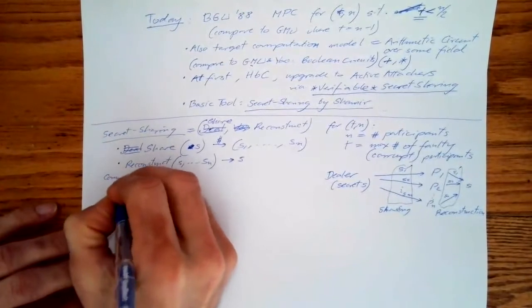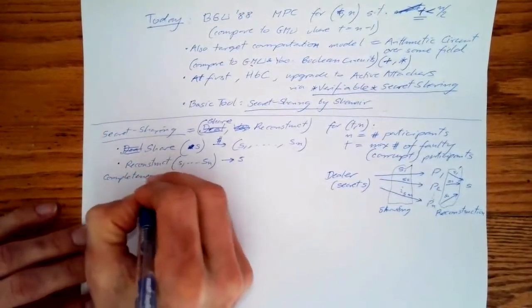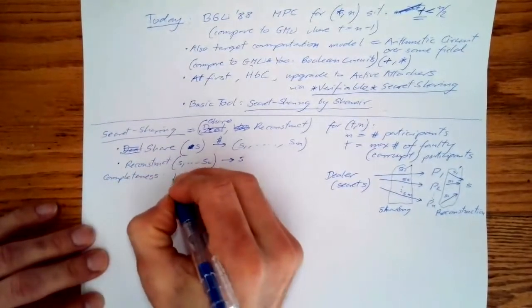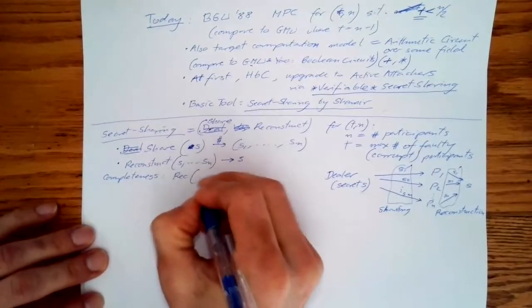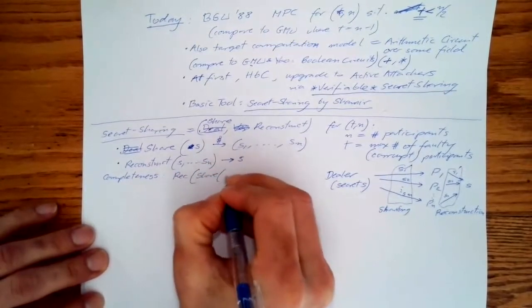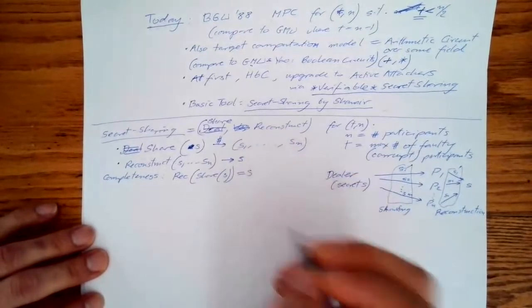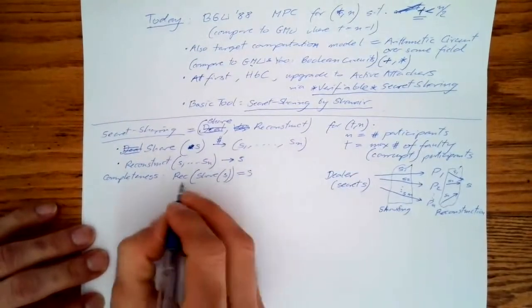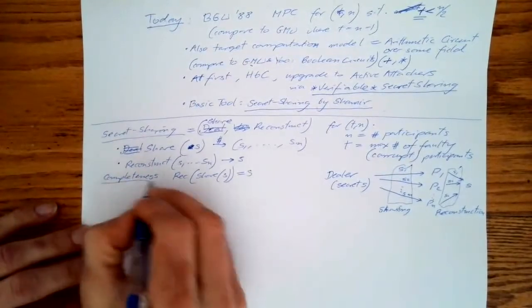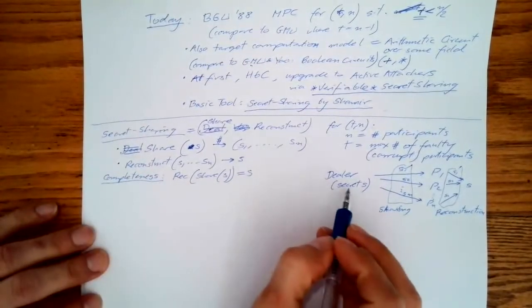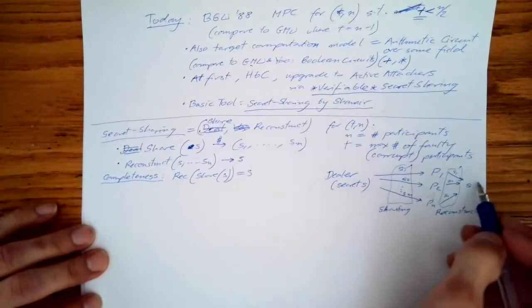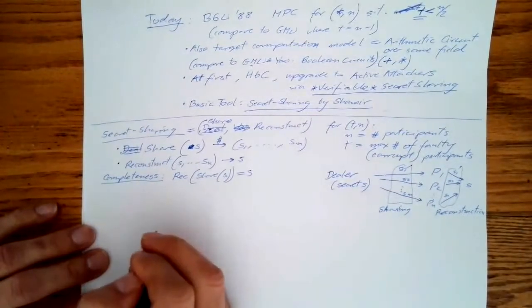Completeness is that the reconstruct algorithm on the output of the share algorithm on S always gives you S, for any run of these algorithms. So if you shared something and then they reconstruct, you get what you started with.